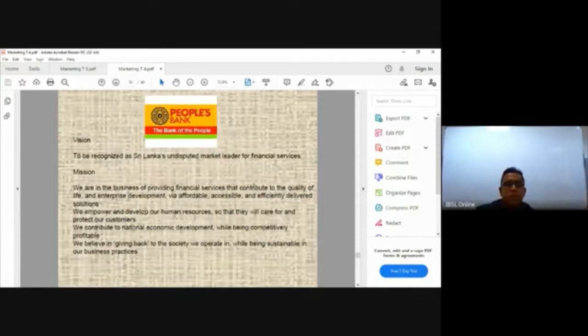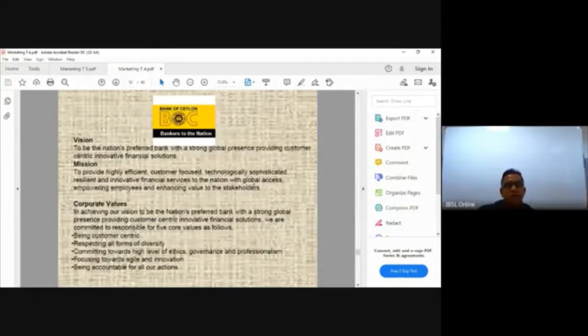Then corporate values. In achieving our vision to be the nation's preferred bank with a strong global presence, providing customer-centric, innovative financial solutions, we are committed to be responsible for 5 core values.